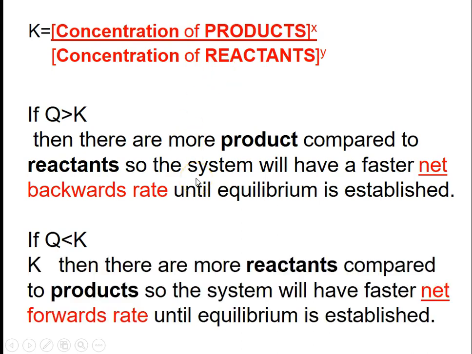Some of the reactants will be turning into products to make the fraction larger. So there are more reactants compared to products, so the system will have a faster net forwards rate. In other words, the system will shift in the forwards direction until you reach equilibrium.